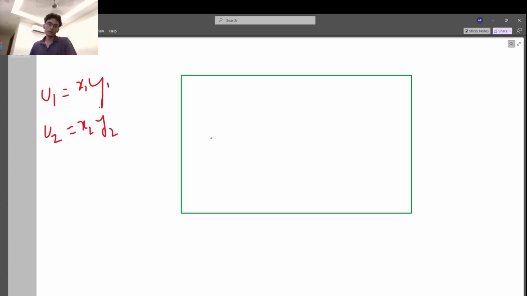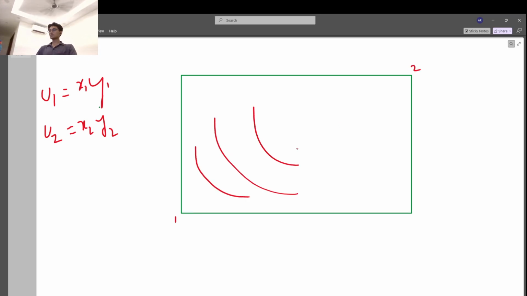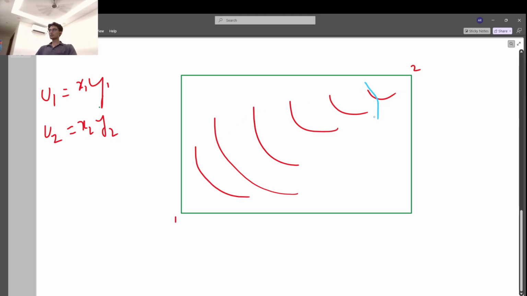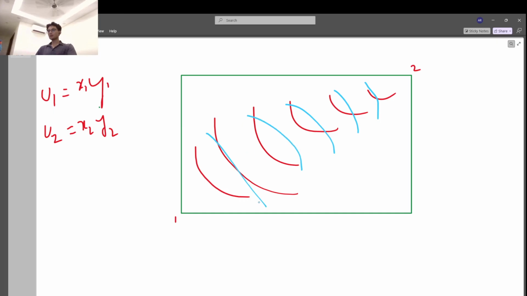So we know that these preferences are convex, and how the ICs will look. The ICs of individual 1 will look like this, like that. And the ICs of individual 2, let's take another color here, will look like this.